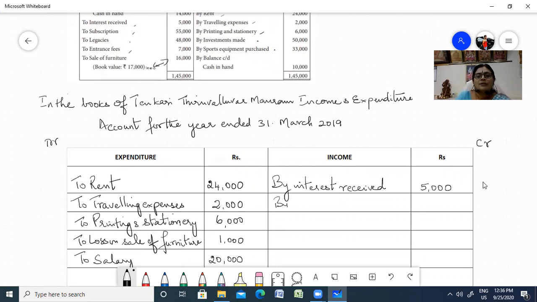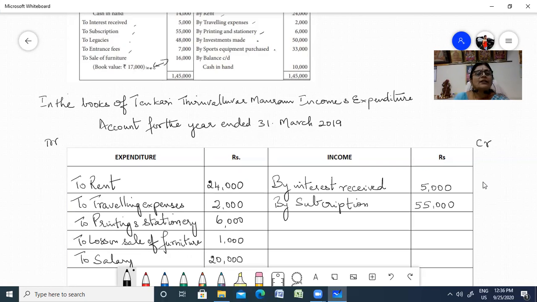By subscription. Only the current year's income and expenditure is recorded. You don't take the previous years' and the subsequent years' items in the income and expenditure account, so you have to be very careful. By subscription, 55,000.